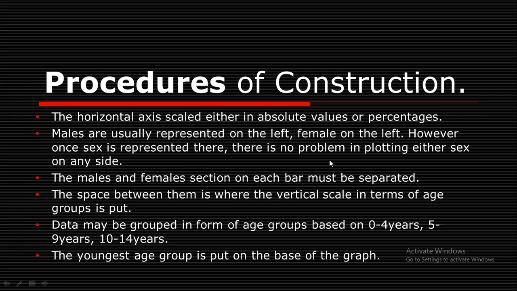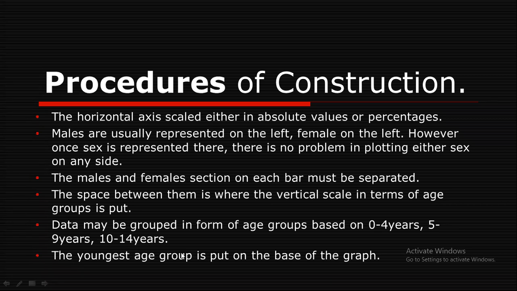Then for males and females, the section on each bar must be separated. We are going to look at this. The space between them is where the vertical scale in terms of age group is put. We shall later look at it. Data may be grouped in age groups such as 0 to 4 years, 5 to 9 years, 10 to 14, something like that.